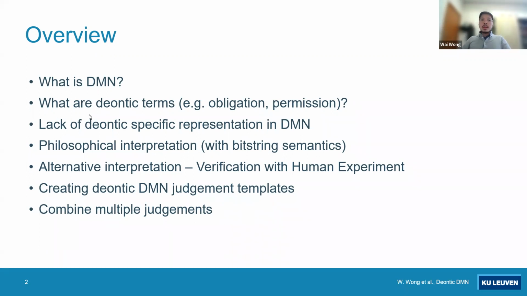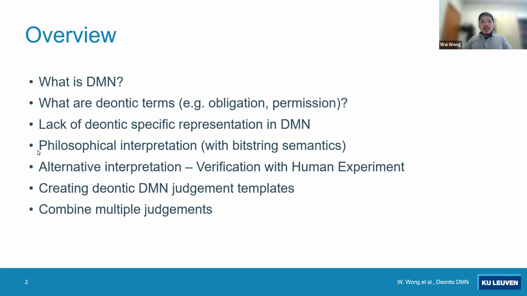Then I will introduce what the deontic terms are, give a few examples, and then turn to why we need this extension, because as far as I can see, the current DMN setup doesn't have any specification for deontic representation, which could be a problem.